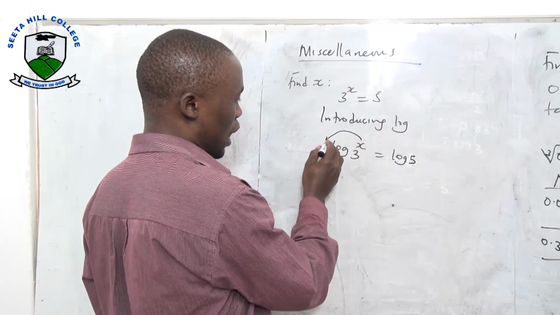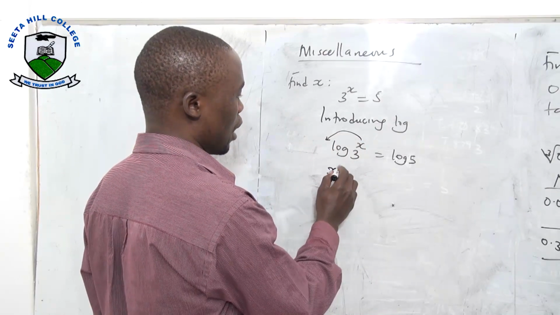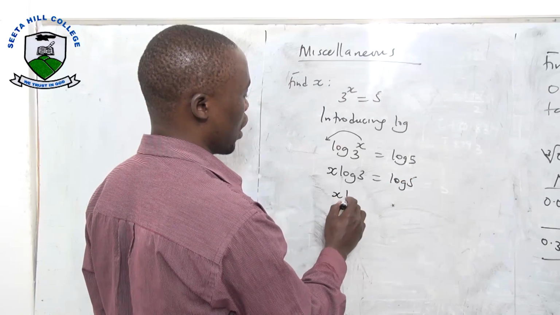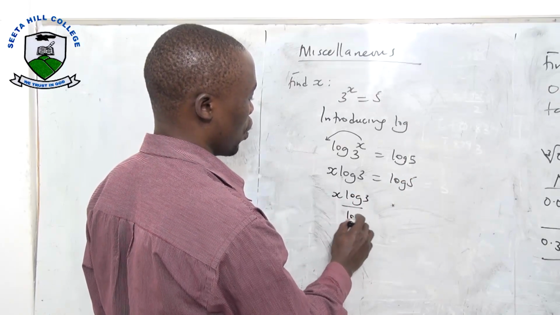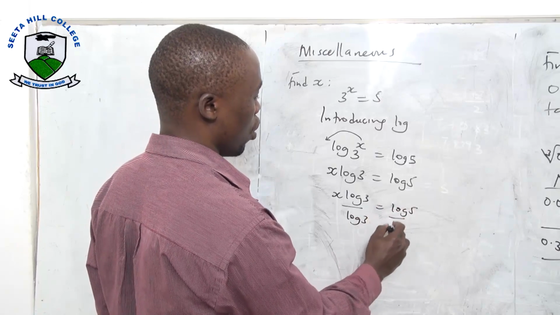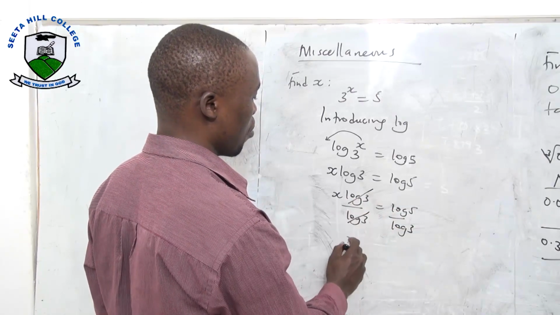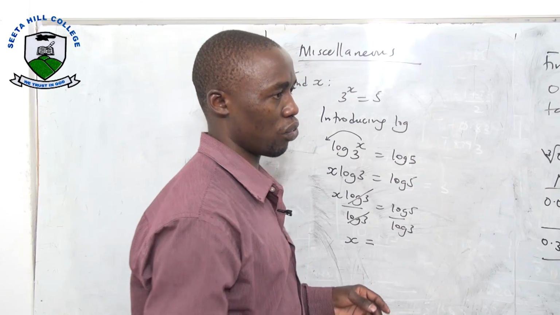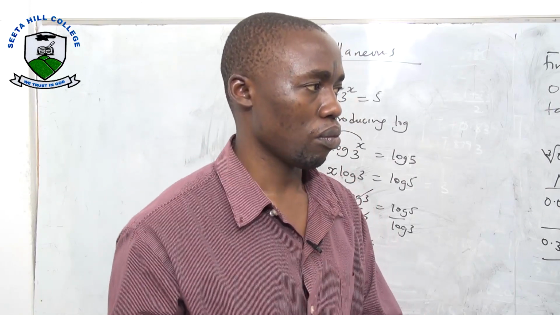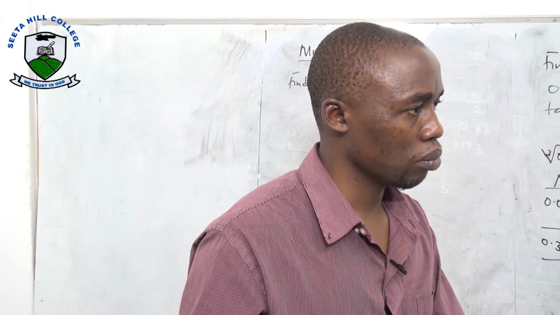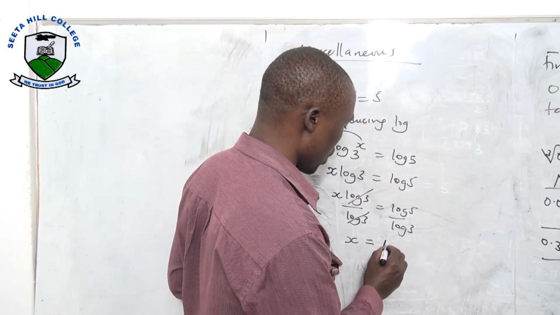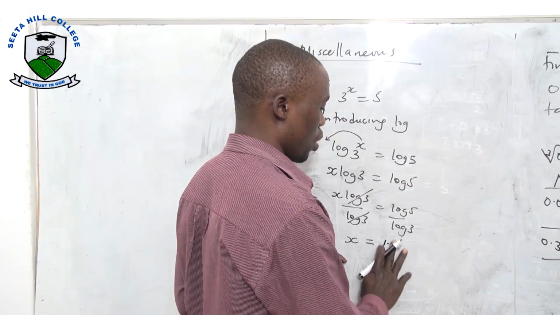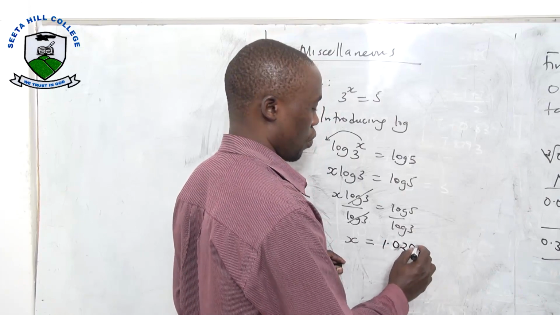We drop the power. X log 3 is equal to log 5. So we divide both sides by log 3. So my x, you press on the calculator directly to 4 decimal places. Log 5 out of log 3 will give you 1.0203.